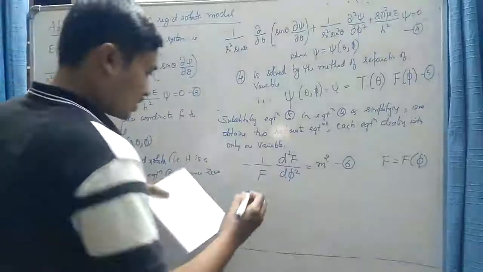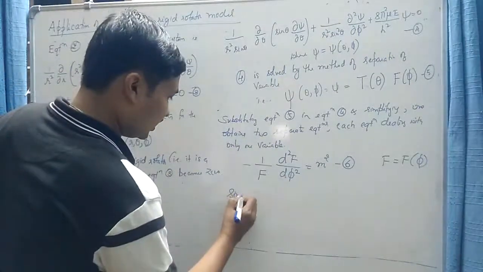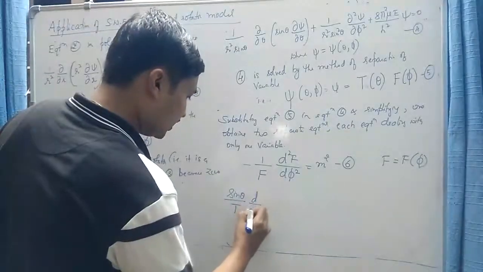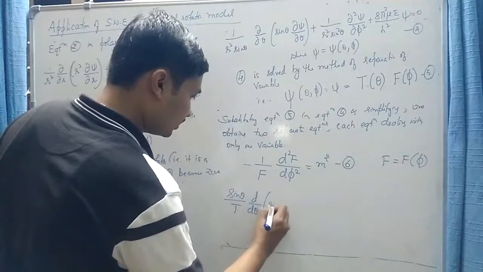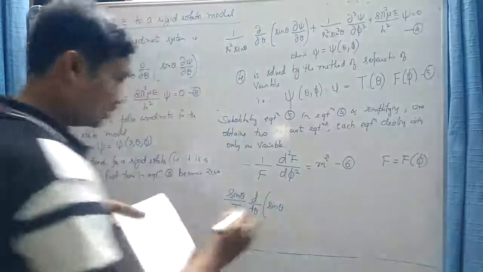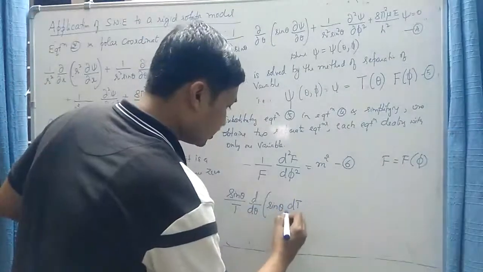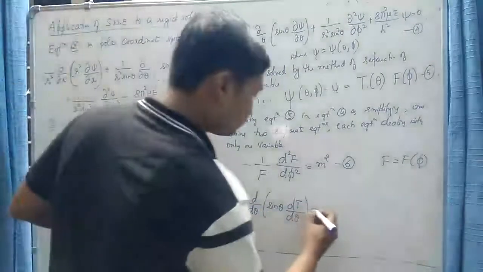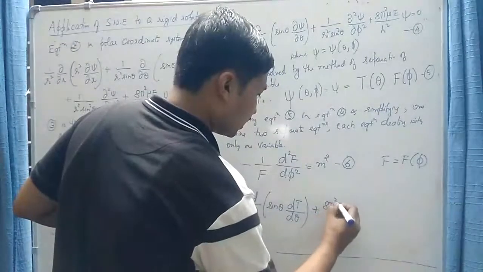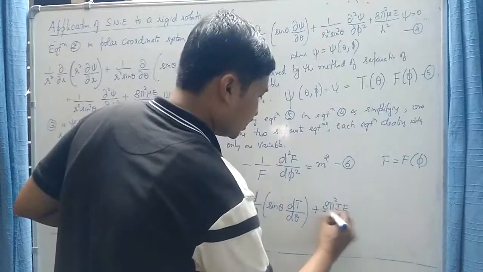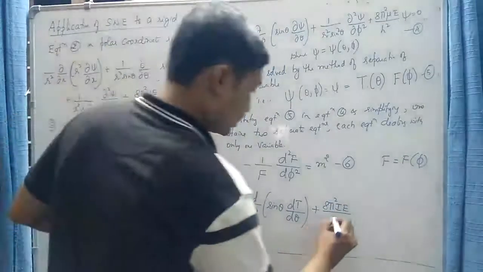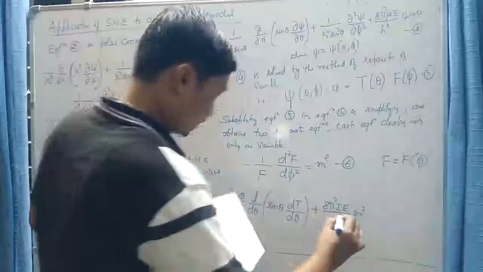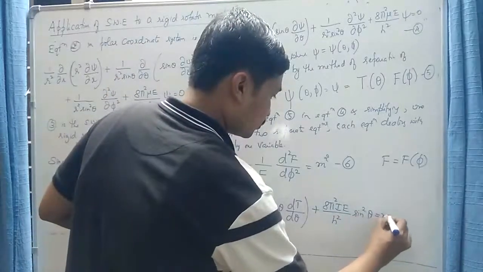And the other equation is sin theta divided by T into d by d theta of sin theta into dT divided by d theta, plus 8 pi square I into E divided by h square into sin square theta is equal to m square.